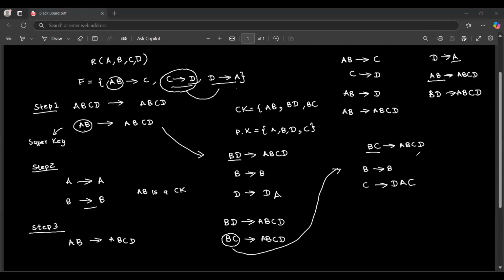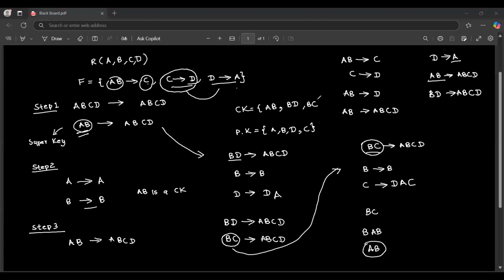Now, shall we stop? No, we can't stop. Why can't we stop? We have to check whether the subsets of BC are functionally dependent on anything else. Well, in BC, here we have C. C is functionally dependent on AB. So I can replace that, so we get B, AB. That is actually AB, and we know AB is already a candidate key. We checked that. So this will be a loop going around if you keep doing it again and again.